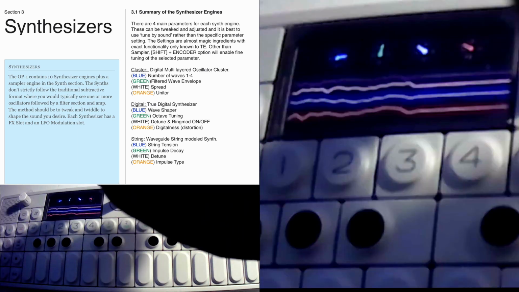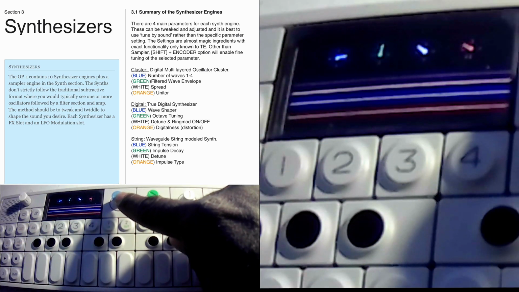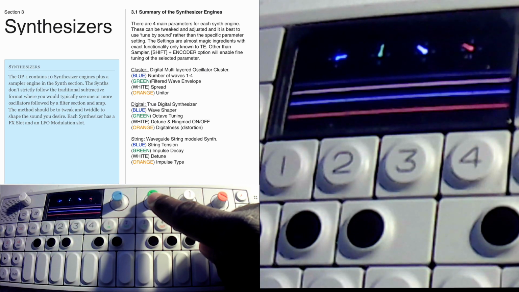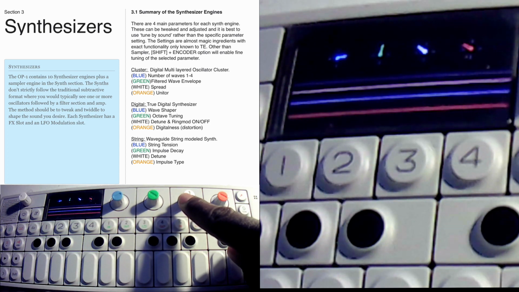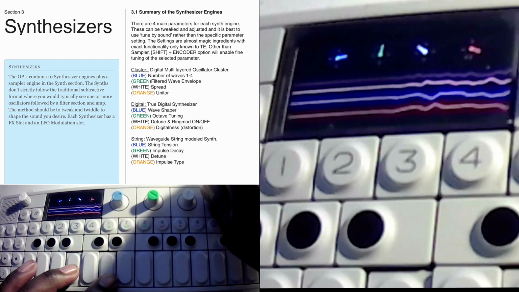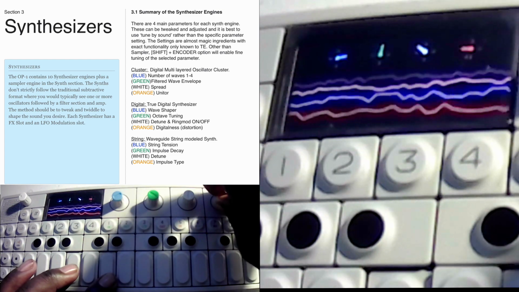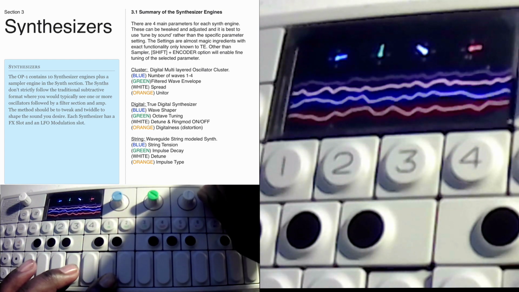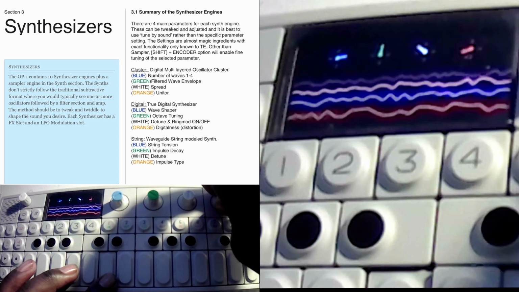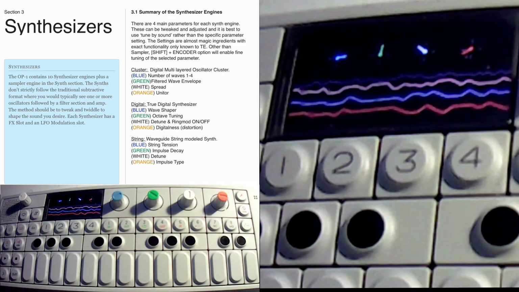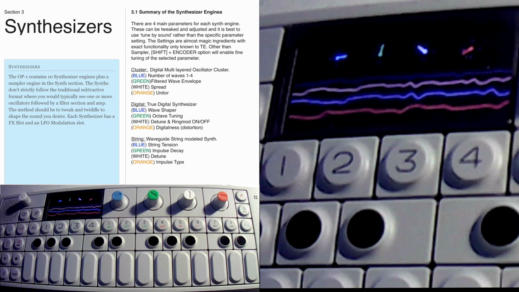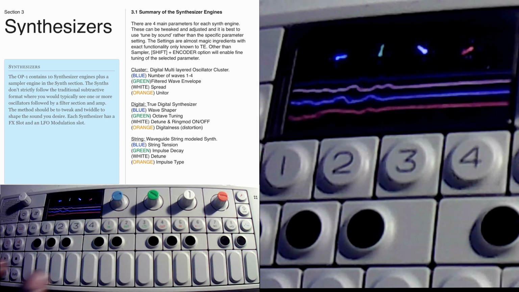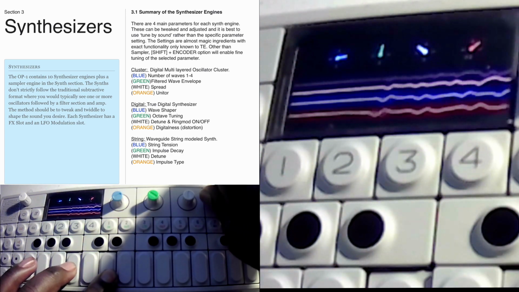So that's the number of waves, the filter envelope, spread, and the last one is unitor. Unitor, that's fully open, and that's fully closed. I guess it's some kind of detuning for each oscillator.